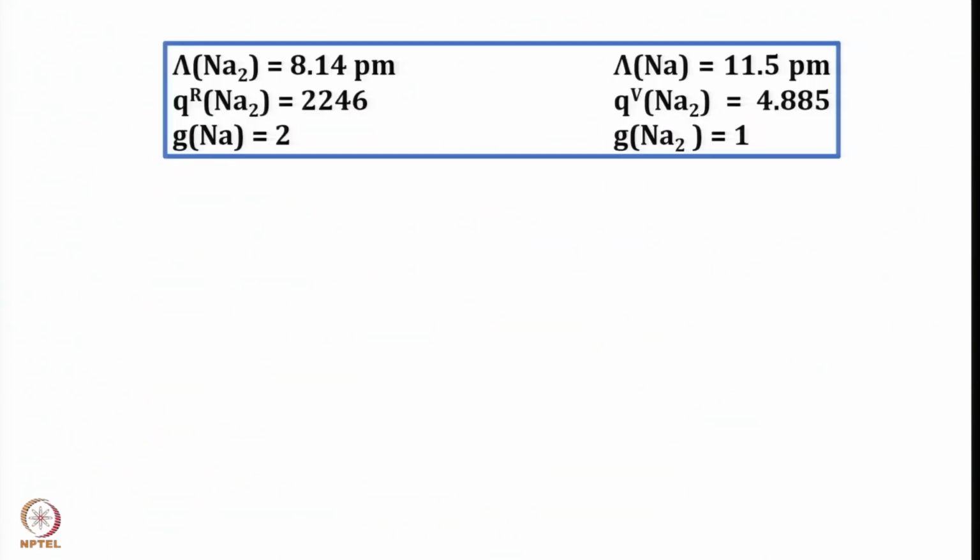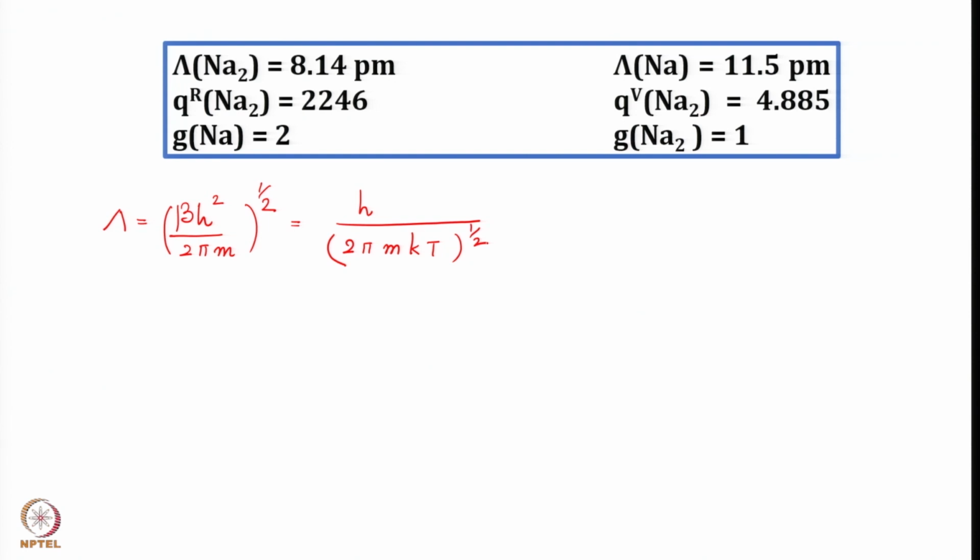calculation. The data given to us for lambda: lambda is equal to beta h square by 2 pi m square root, which is equal to h by 2 pi m k t square root.